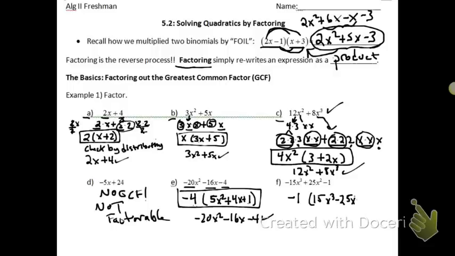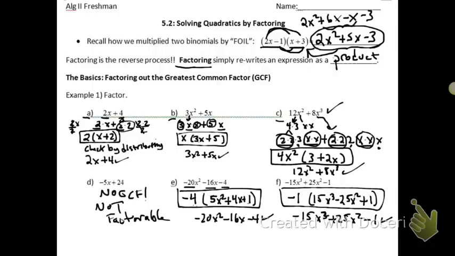Let me see if I can rewrite this. I'm left with 25x squared. And then negative 1 divided by negative 1 is positive 1. So this is my factorization. If I distribute the negative 1, you do get the original negative 15x cubed plus 25x squared. Oops, that was an x cubed there, sorry. And then a minus 1, which is the original.